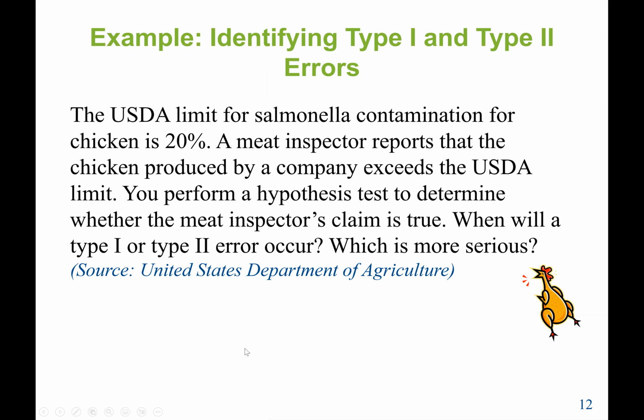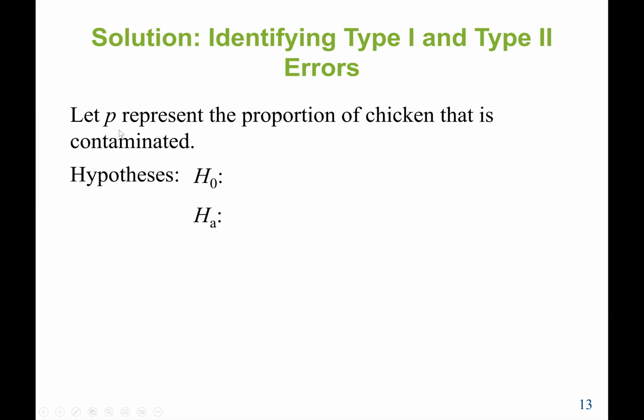First of all, let's get our HO and HA statements. We let P represent the proportion of the chicken that is contaminated. They say greater than 20%, so P is greater than 20%. Then HO will be P less than or equal to 0.2, which is 20% also.